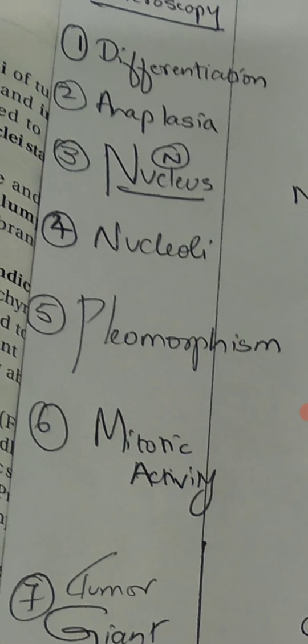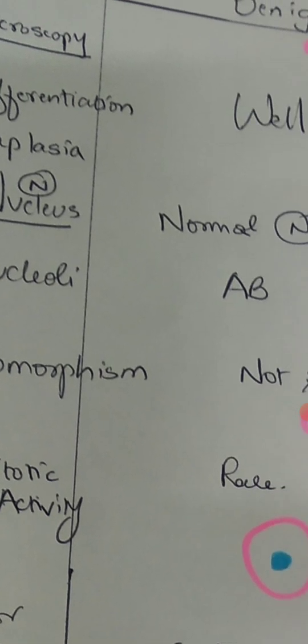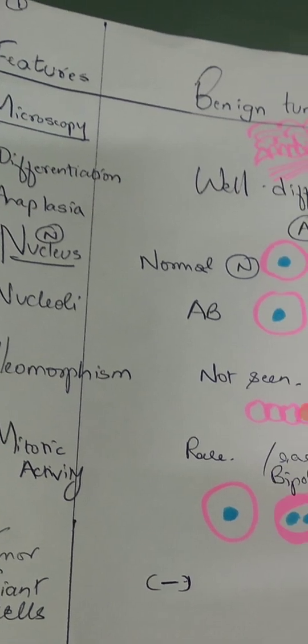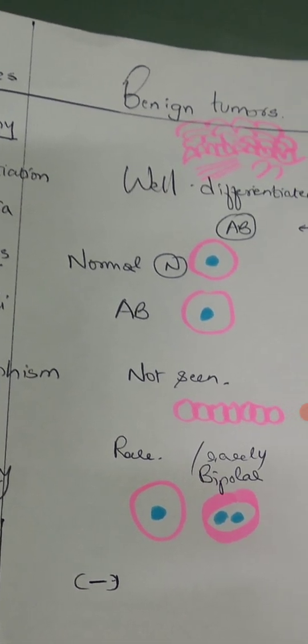The next difference is with respect to mitotic activity. In benign tumor, the mitotic activity is rare. Even if present, it is bipolar in nature, meaning the nuclear division has happened but the cytoplasmic division has not taken place.